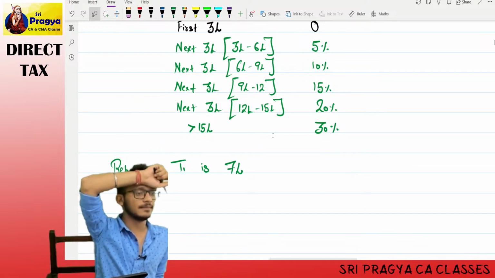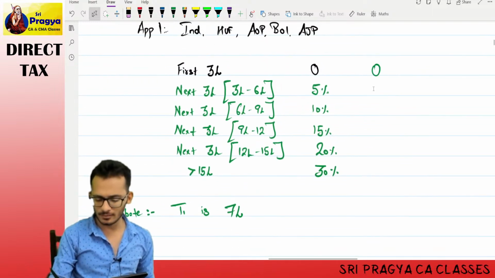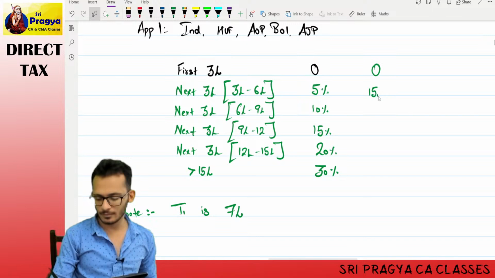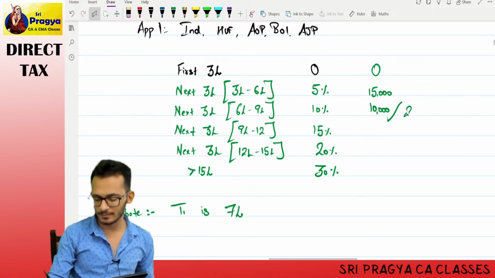What is your tax? Tell me quickly. If your income was 7 lakhs, it is 15,000 or 10,000, correct?